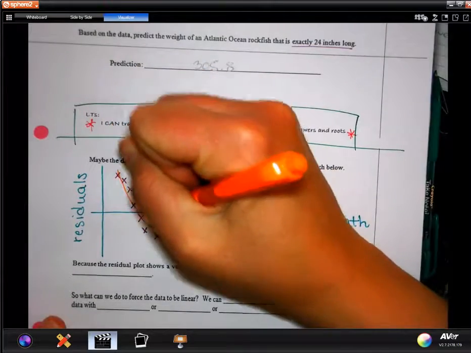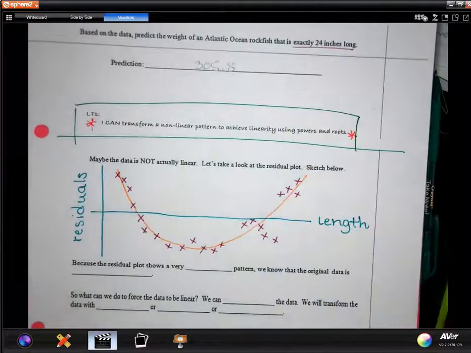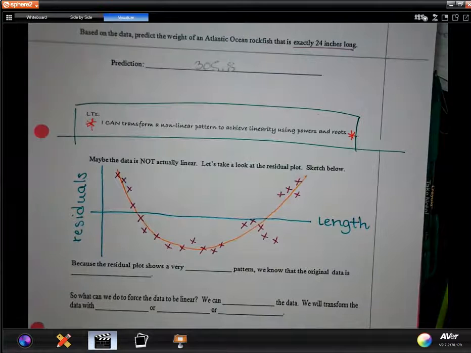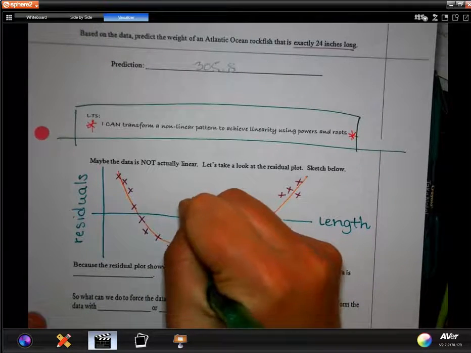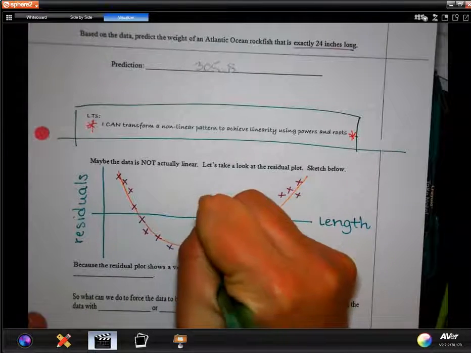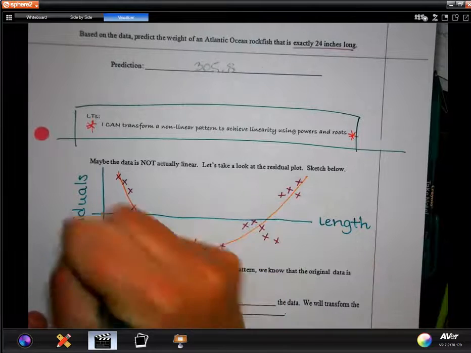So it is curved, like almost like a parabola, which is not good. I like parabolas. I like parabolas too, but we don't want a pattern. So since we have a curved pattern, it tells us that the original data is not linear.